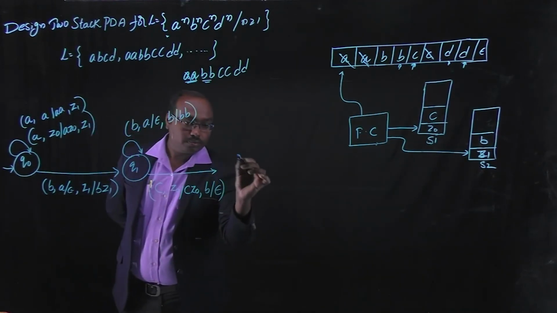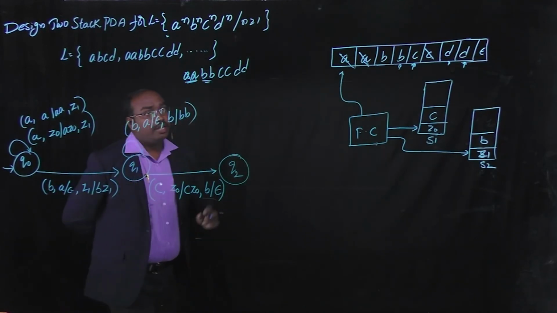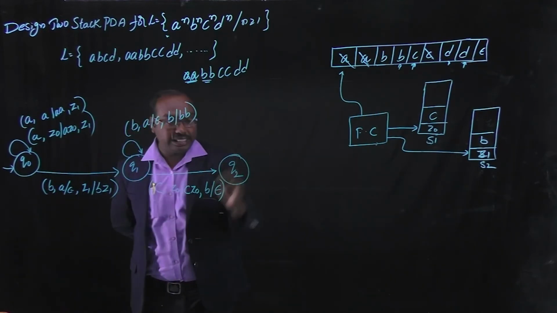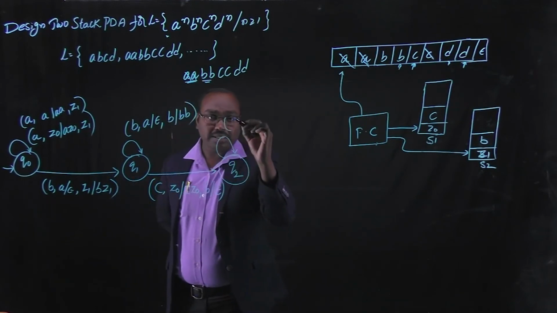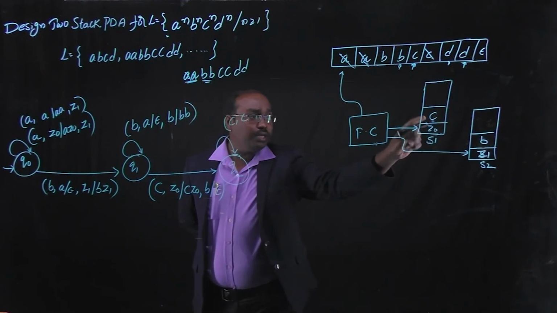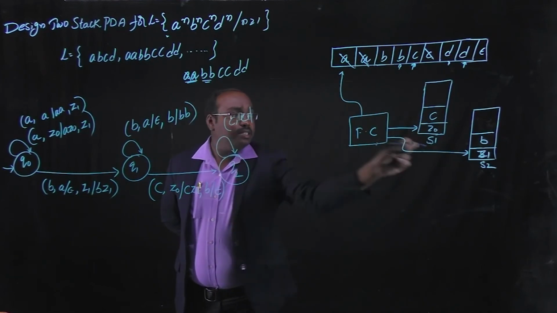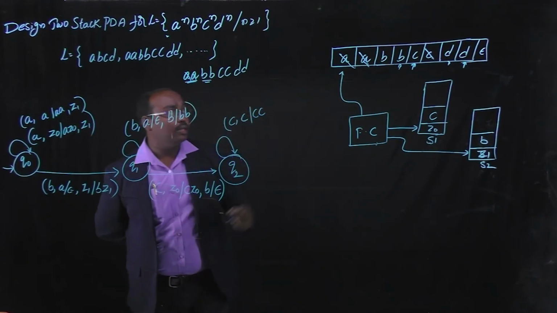Now this is the state q2. Here another input is C. If the input symbol is C, we can push that element. Again, the top of stack 1 is C, so we can push all those elements onto the stack.